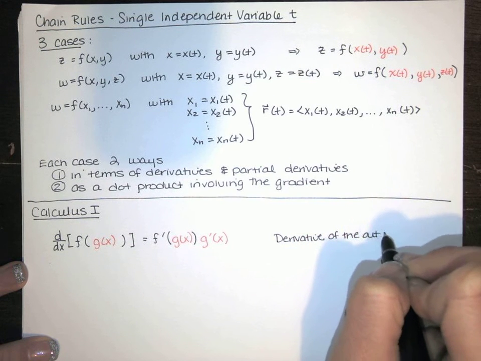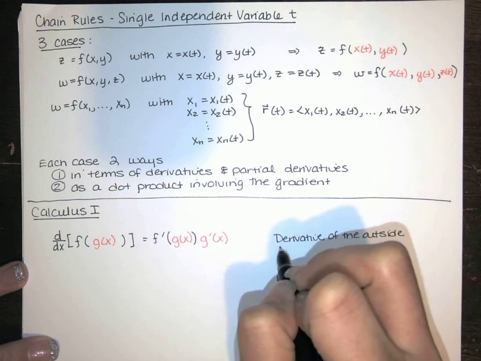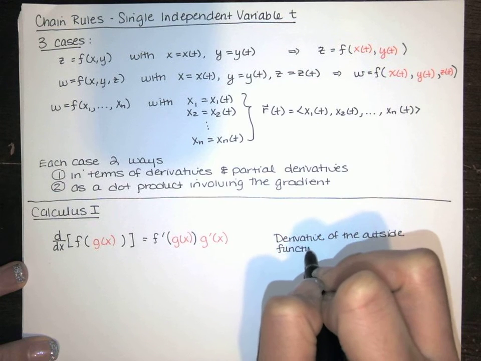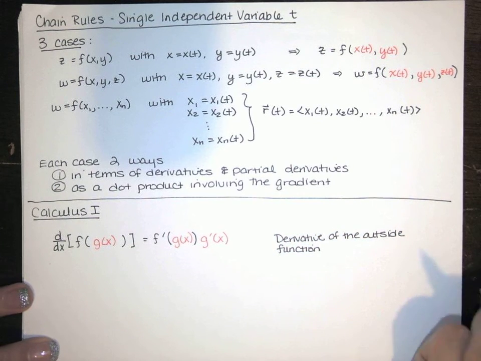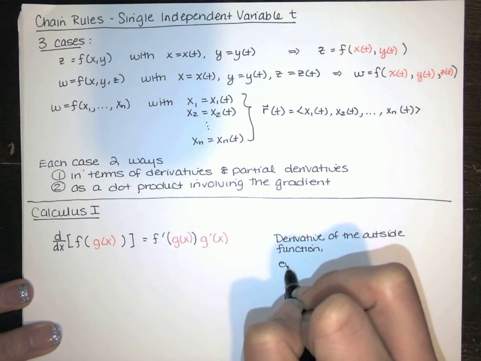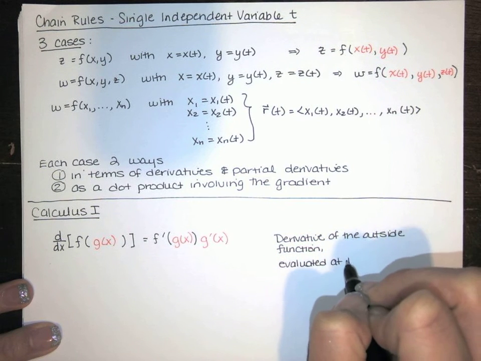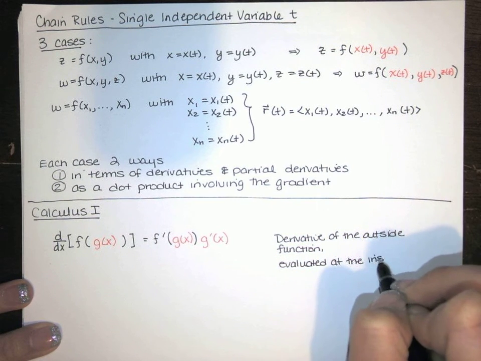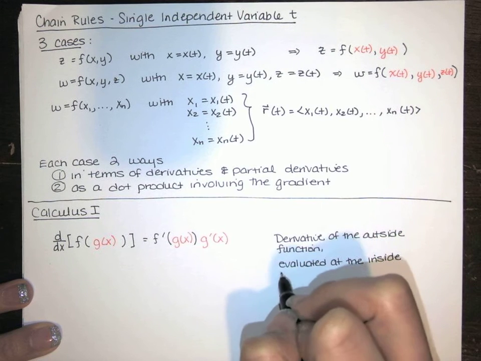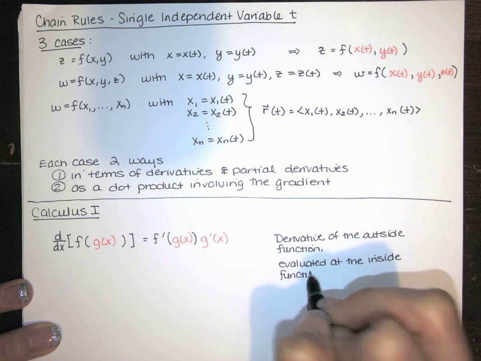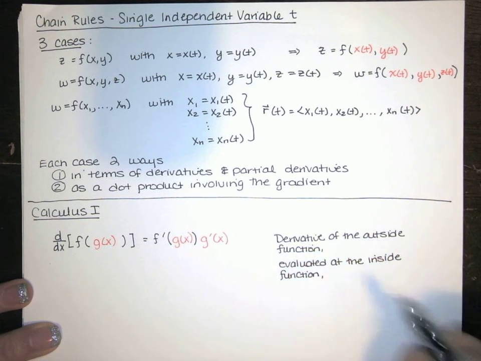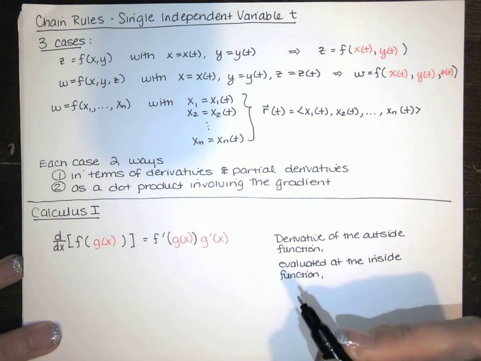I'm just writing this out in words for you. So that's the derivative of the outside function, that's f prime, evaluated at the inside function, so you just plug that inside function back in. Don't take its derivative yet, just substitute it back in, and then you multiply by the derivative of the inside.